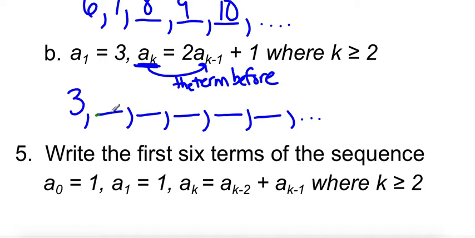So to find this term, we're going to take 2 times the number before it and add 1. So that gives us 7. To find this term, we take 2 times the number before it and add 1.